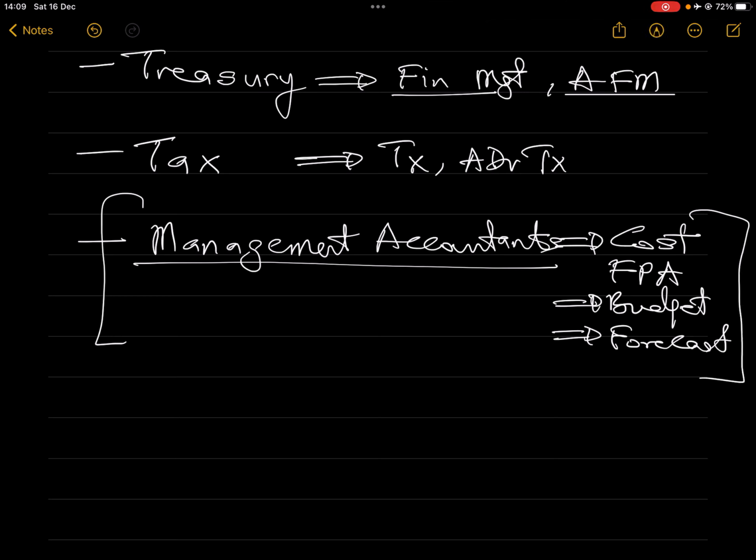Everything we'll be doing in performance management in this paper speaks so well into the functions and job descriptions of a typical management accountant. So please pay attention, because this is a very good skill to learn beyond passing ACCA.